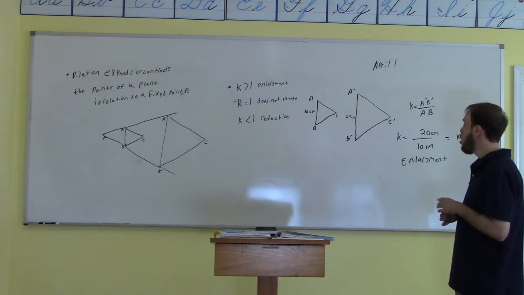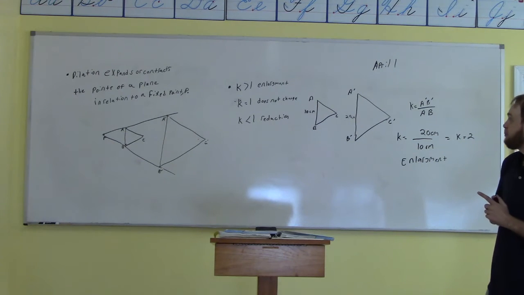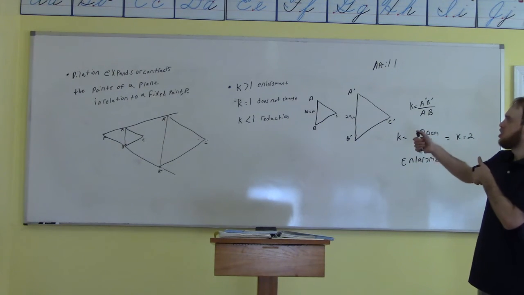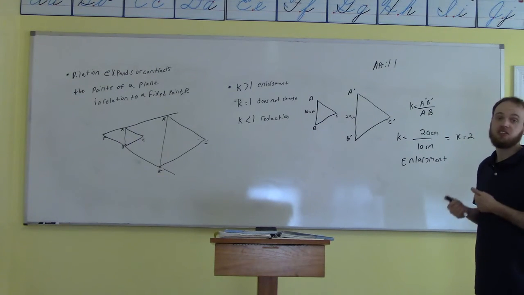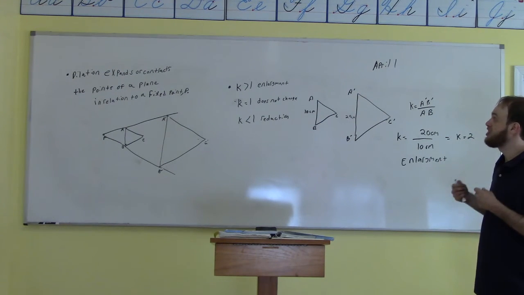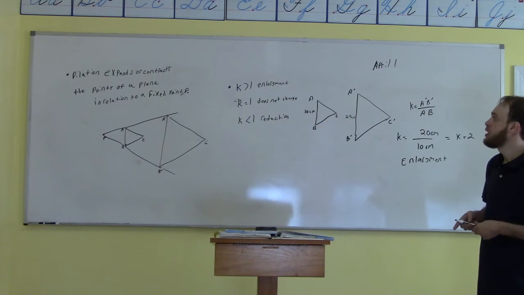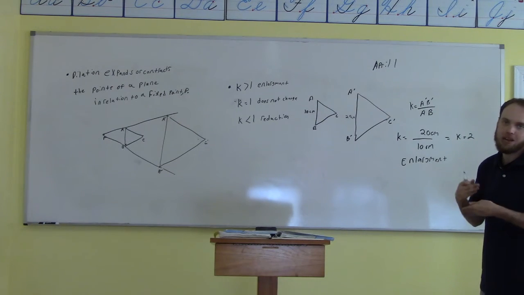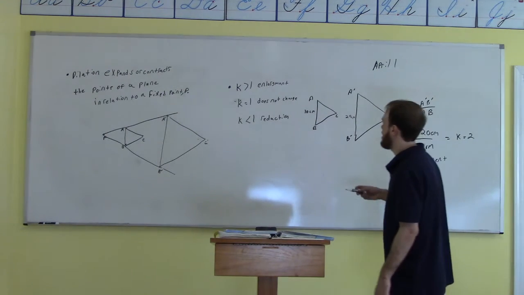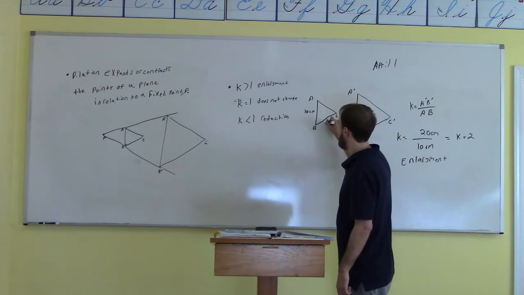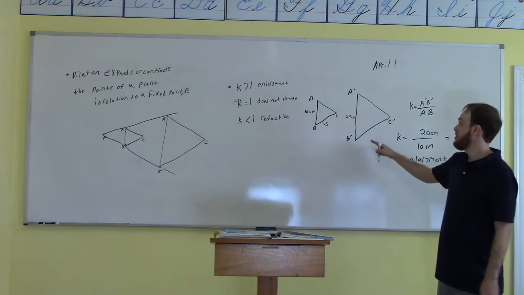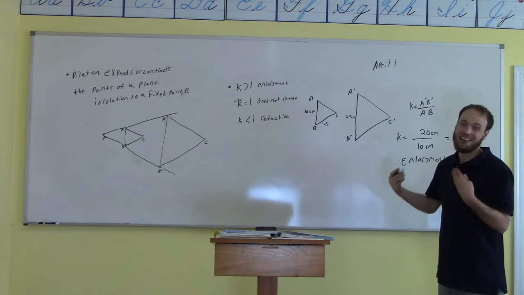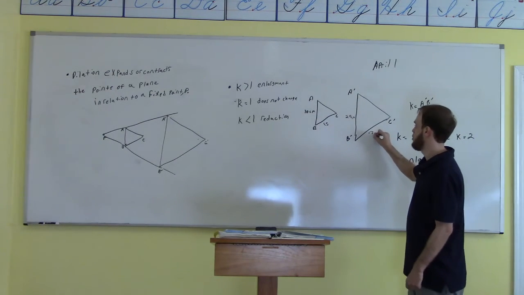Now, one thing to take note of is I just labeled AB and A prime, B prime. Since these are similar triangles, you could have done any side you want, because it's going to wind up being the same ratio. For example, if BC was 15, then B prime, C prime has to be twice that since K is 2, so it would be 30.